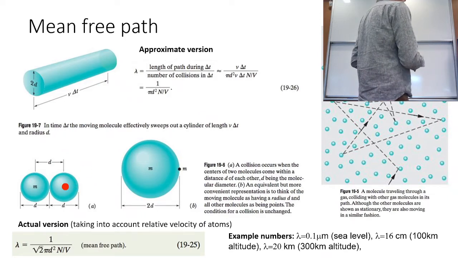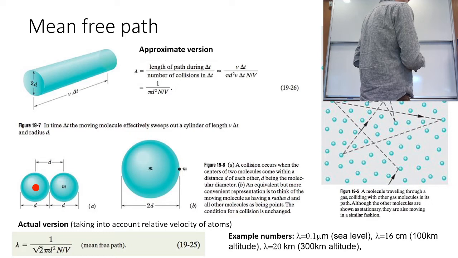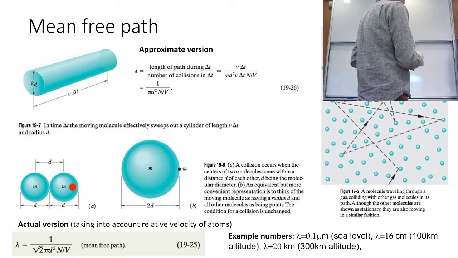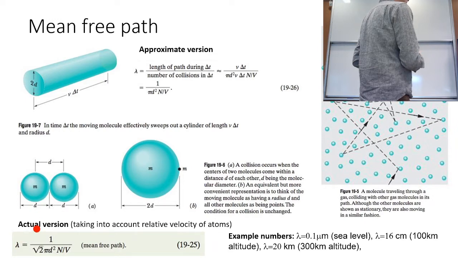So here, this is, say, the fixed one, and this is the mobile one. If this is d this way, then it will collide with the atom. Or it could be d the other way, or d above or d below, or in fact any circle that has a radius of d.